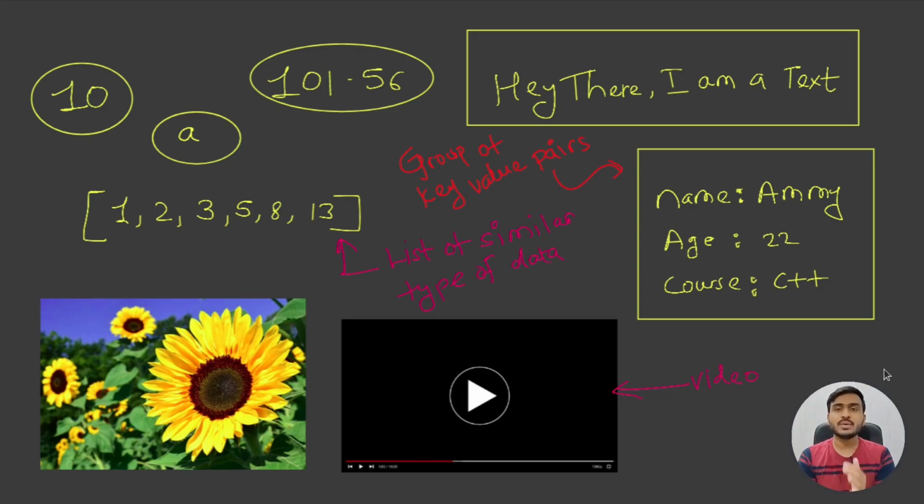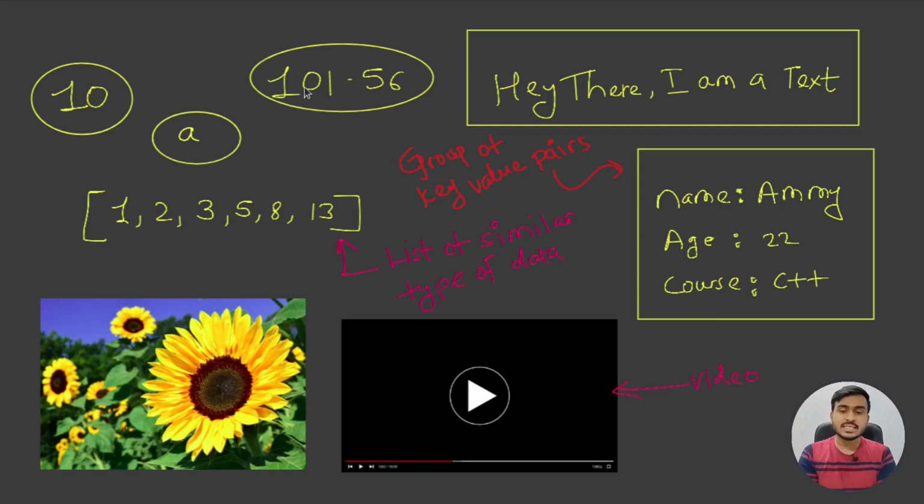Now let's quickly see what different types of values we have on our screen. You can see over here this 10 is called an integer type of value. Just try to remember these terms because you will come across them multiple times. So this 10, 20, 100, the values which don't have any fractions, are called integer values. This small a is called a character.